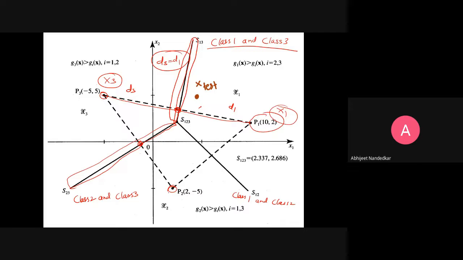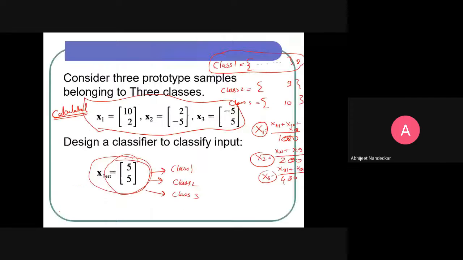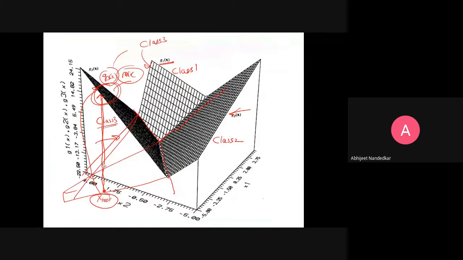You can join P2 and P1 like this and draw a perpendicular. So this will be the surface S12, this is surface S13, and this is surface S23. You can see in the previous diagram, this will be the situation in 3 dimensions. So these are the actual boundaries.